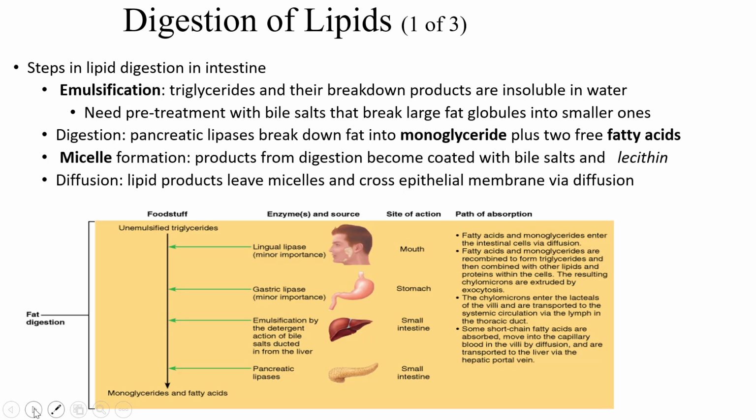And then the next step is to form micelles. This means that the products from digestion become coated with bile salts and lecithin. Then finally, the lipid products leave the micelles and cross the epithelial membrane via diffusion.